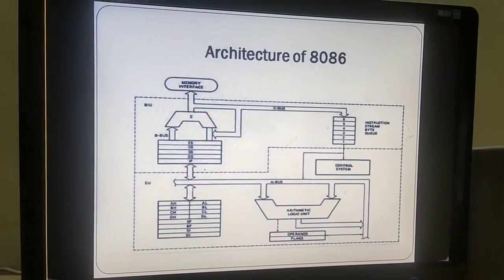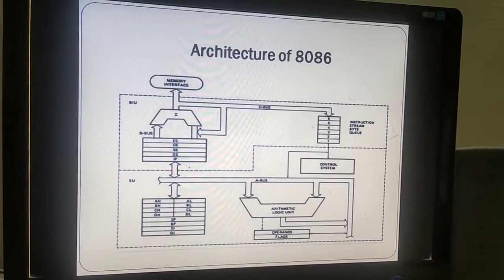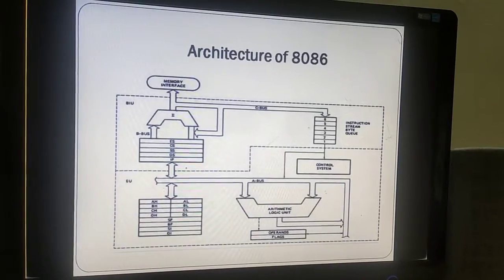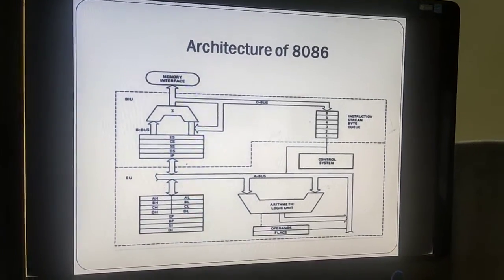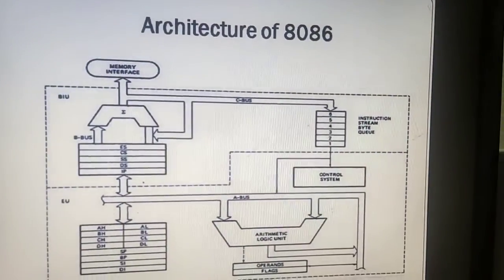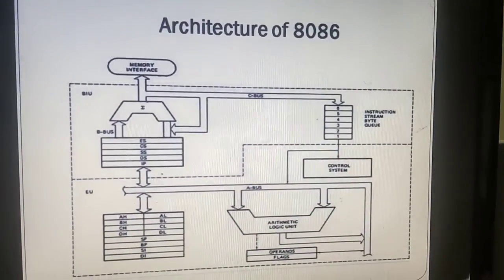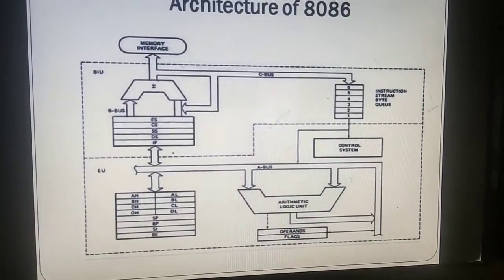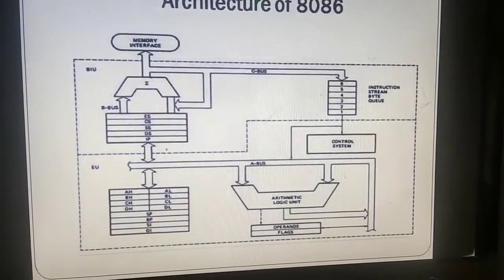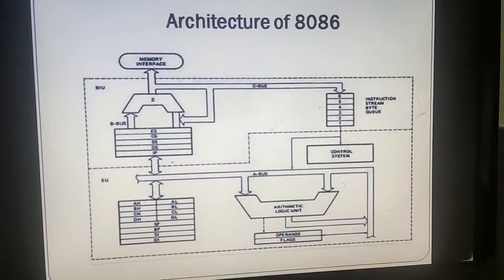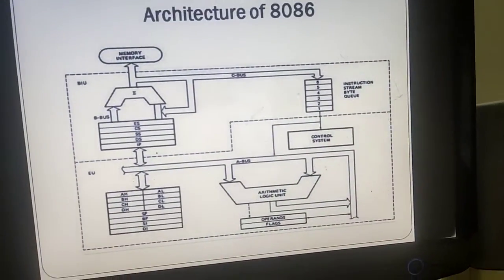Now coming to the most important feature of 8086, which is your architecture. As you can see, it is a very complex architecture where you are going to have a lot of special units which are not there in 8085 microprocessor. The entire architecture can be divided into two major parts.